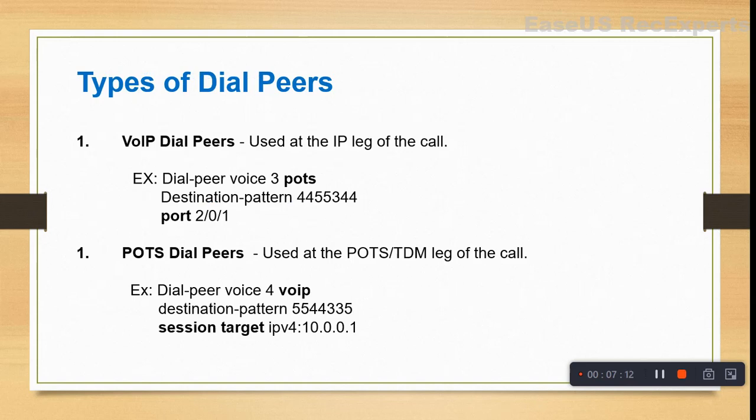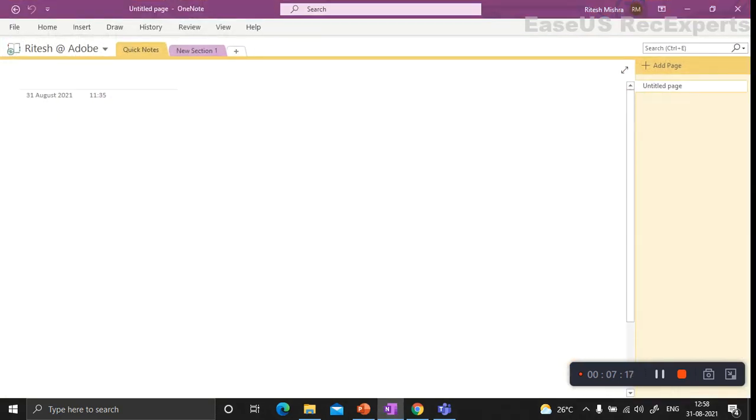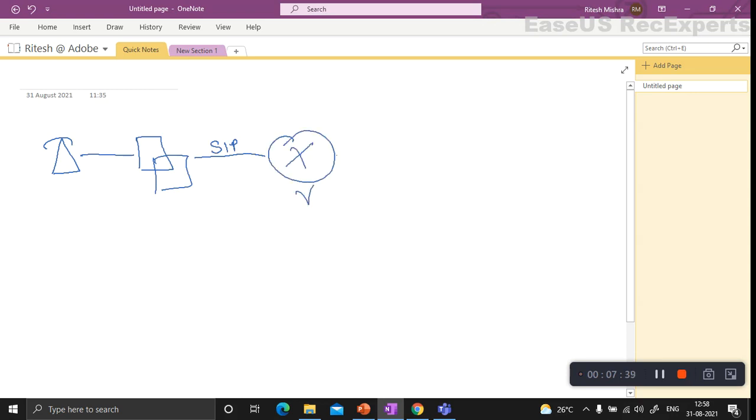So let me show you now where the dial pairs will be used and what the call legs are. Suppose you have an IP phone registered on a call manager. You have a SIP gateway and suppose a PRI towards the PSTN.